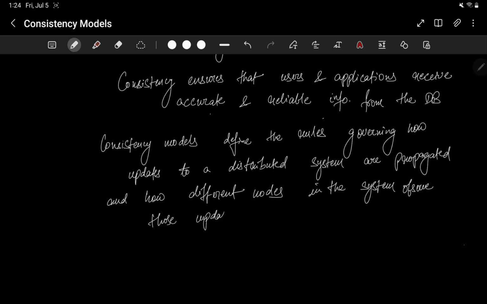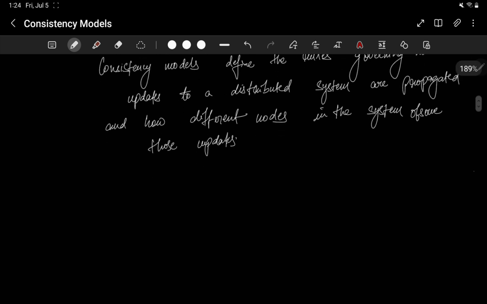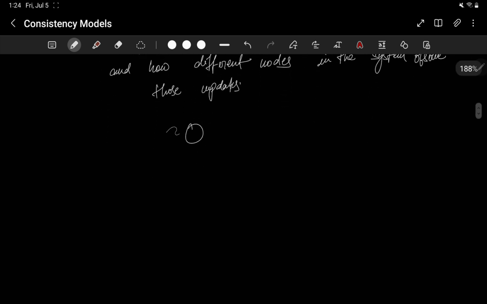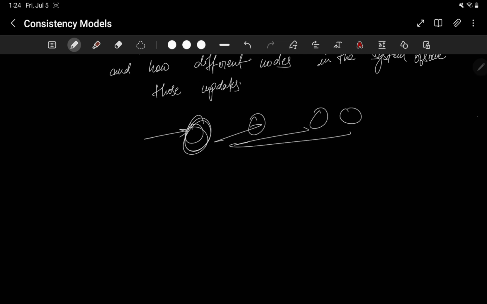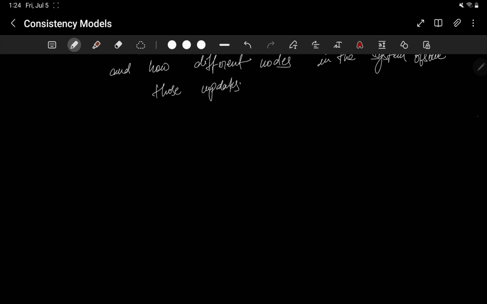It means if one node got the update, then what will be the state of this node and how does it propagate to other nodes, right? This is what is defined by consistency models.